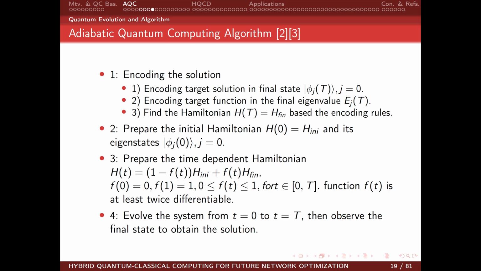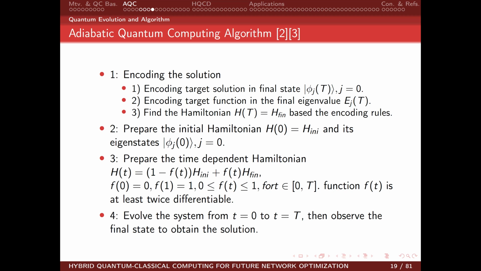After we prepare this state and Hamiltonians, what we need to do is just throw everything to the quantum computer, and then the quantum computer will evolve the system from t equal to 0, the initial time, to the final time.